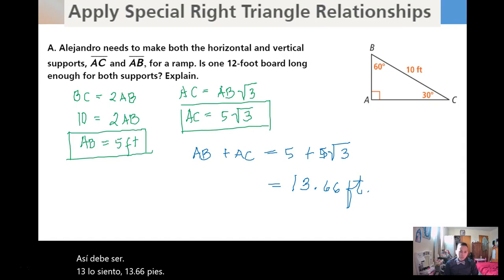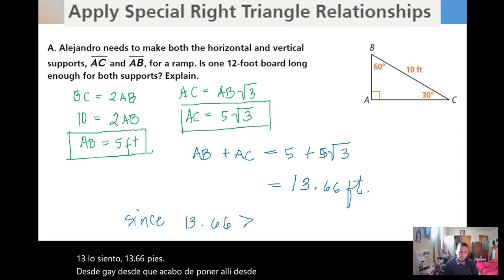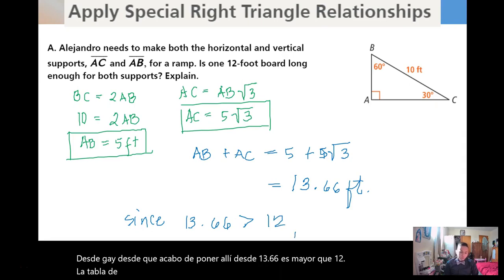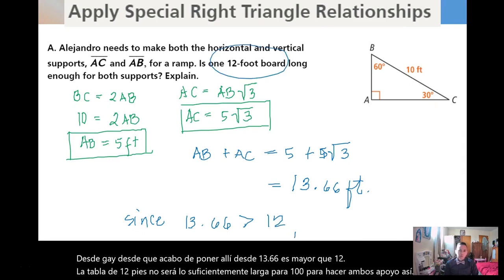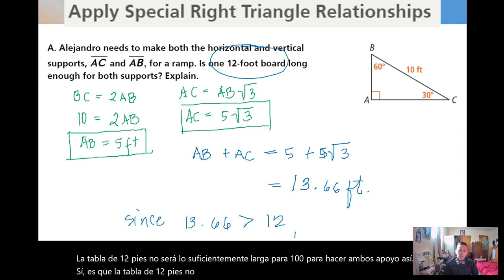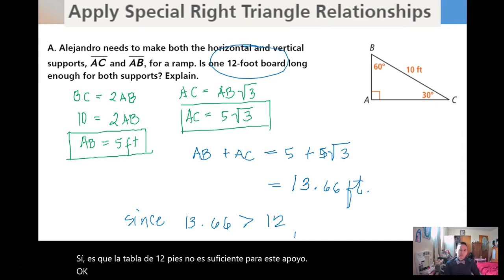Since 13.66 is greater than 12, the 12-foot board will not be long enough for Alejandro to make both supports. So yeah, the 12-foot board is not long enough for the supports. Okay, that's the rationale there.